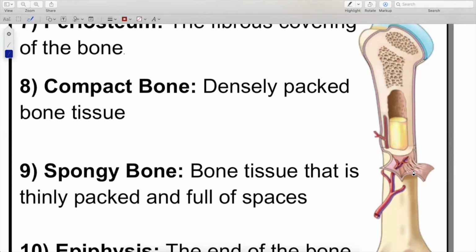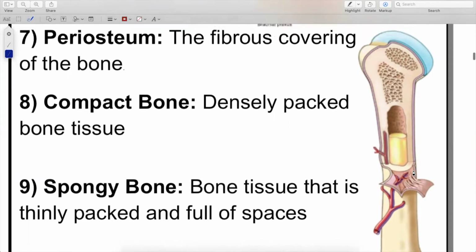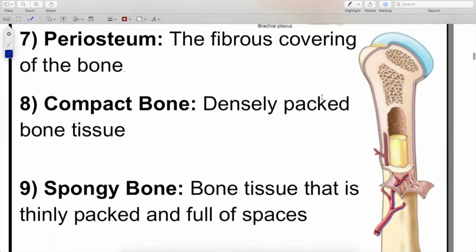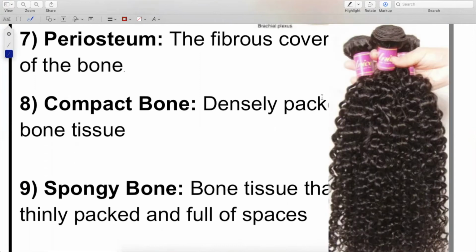Why is that important? Because that's how your tendons and ligaments attach to your bones. You remember, tendons and ligaments themselves are connective tissue fibers. So the fibers of your tendons are weaving into the fibers of your periosteum. And that's how they're going to connect, kind of like the weave that you would put in your hair.